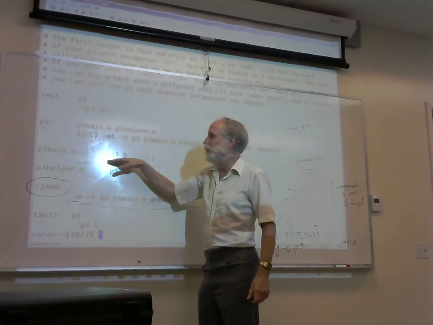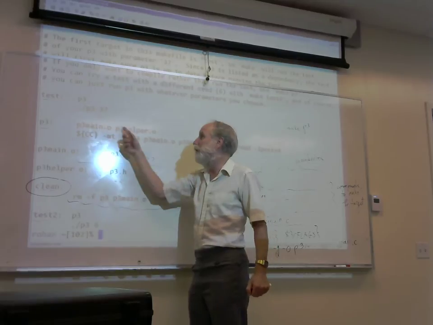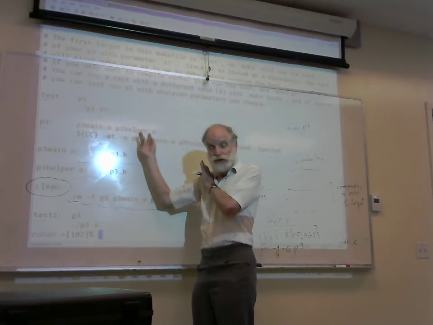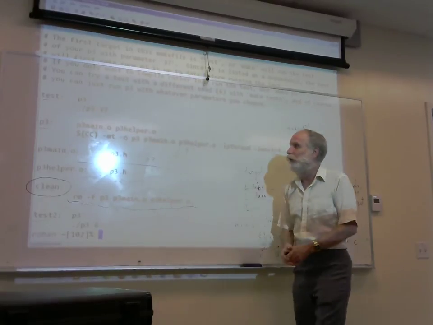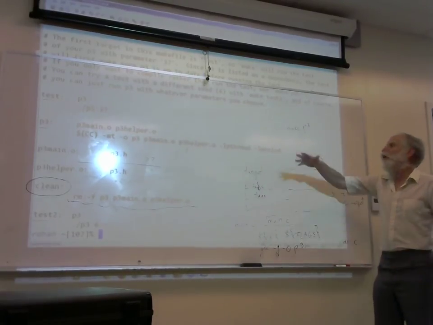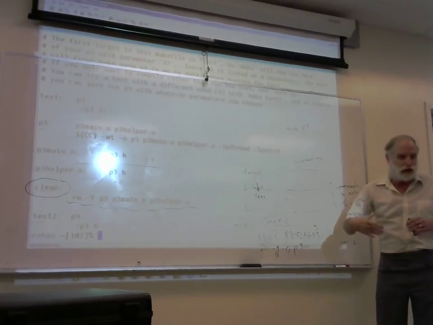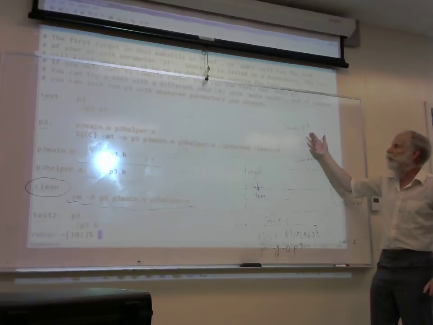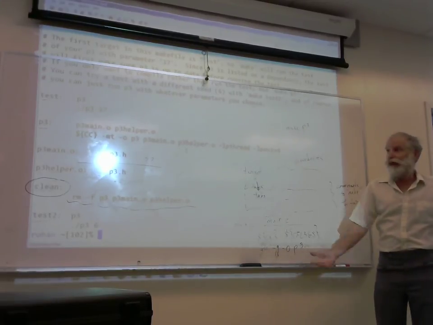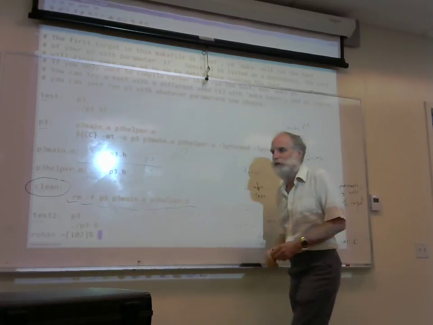But if this one wasn't younger than Q3name.c, it'll recompile that one, and then it will put the two together: the old one, which hadn't changed, and the one it just created, to create the new P3. So we don't just always do everything all over again when we type make. If the modules are already up to date, we just leave them alone. And sometimes make will tell you that everything's up to date and nothing needs to be done. So if you type make twice in a row, probably nothing will happen.